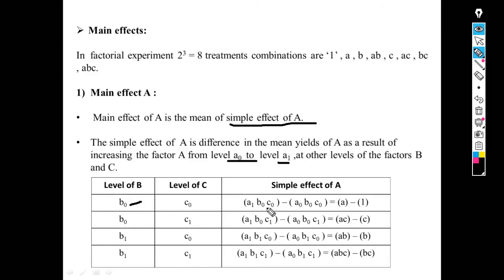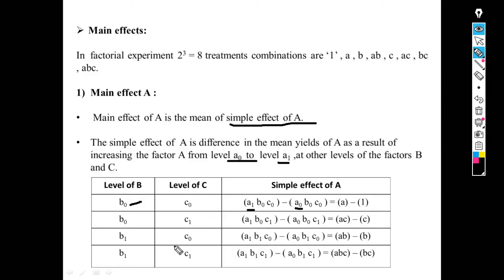Here we fix the levels of factor B and factor C, and we change the level of factor A. We consider the high level, the second level of factor A, and subtract the low level of factor A. So we get A minus 1. It means the simple effect of A at these levels of B and C is the difference of the mean of treatment A and the mean of 1.